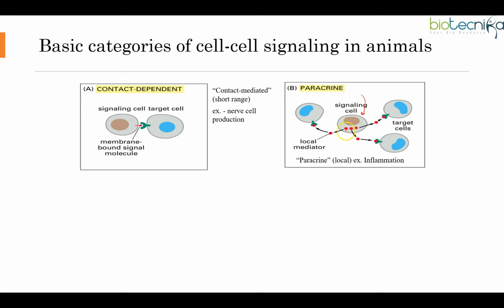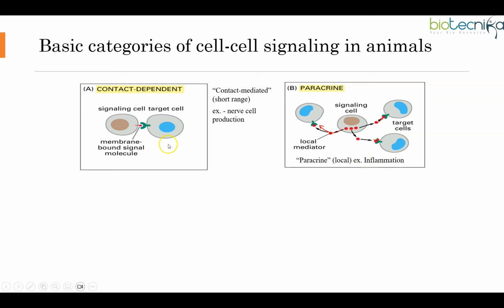Now this cell is going to release some signals, because whenever there is any damage or cut, there is a chance of bacterial infection. So the cells might release a warning sign for the other cells to be prepared. That will lead to inflammation and recruiting of the immune cells to that site. So some local mediator will be released from the signaling cells, which the target cells' receptors will take, and they will have the effect. Okay.